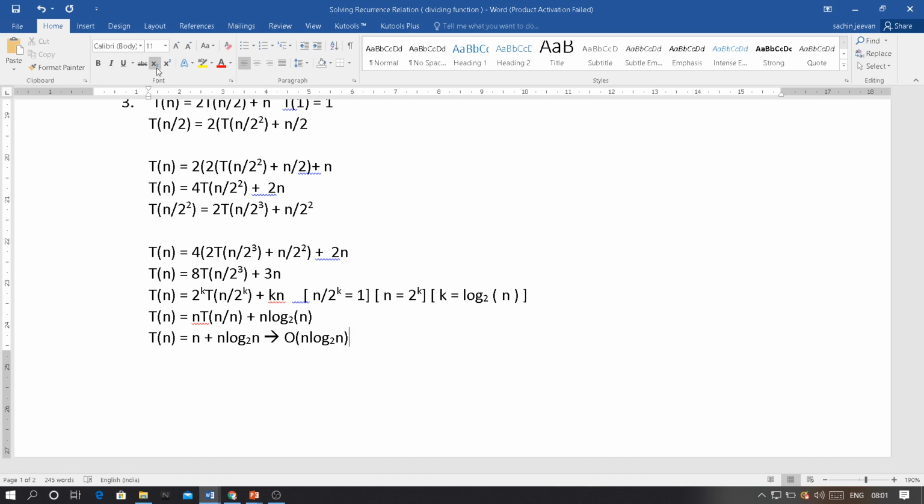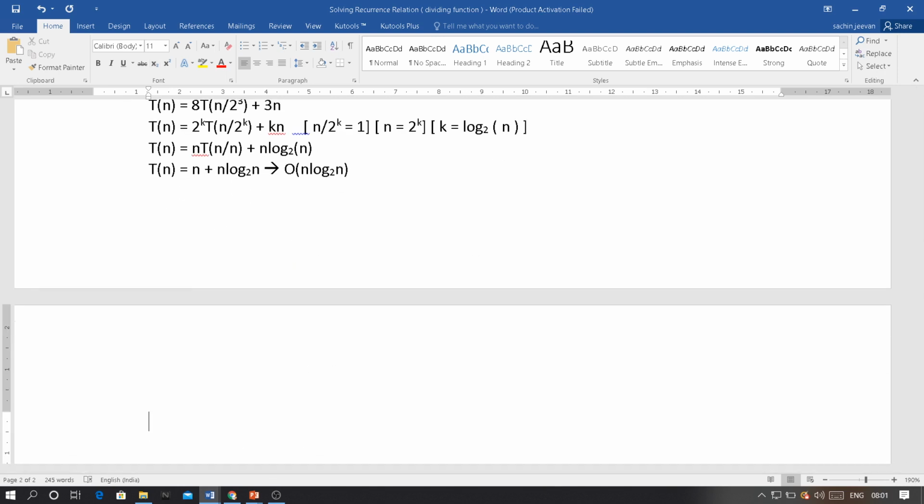Okay, fine. So far we have seen many recurrence relations, and we have also seen many time complexities. For example, we will start with order of 1. We have seen the order of 1 equation. We have seen the order of log n equation. Then we have seen the order of n equation.